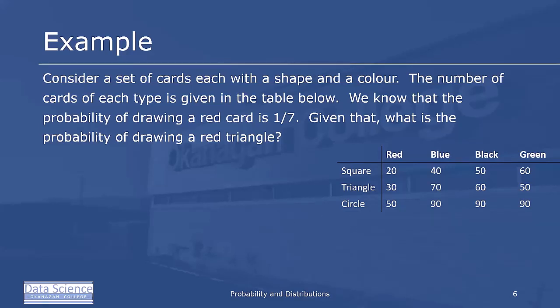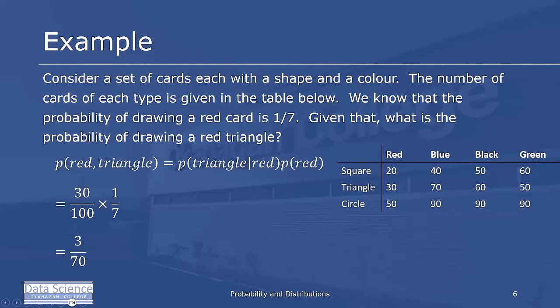But if we want to take advantage of our previous formula, we'll see that the probability of drawing a red triangle is the probability of drawing a triangle given that your pick was red, times the probability of picking something that was red. We know that the probability of picking something that was red is 1 in 7.